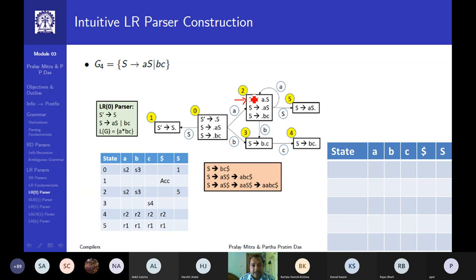That is following the closure rule of the item, and this is my second state.